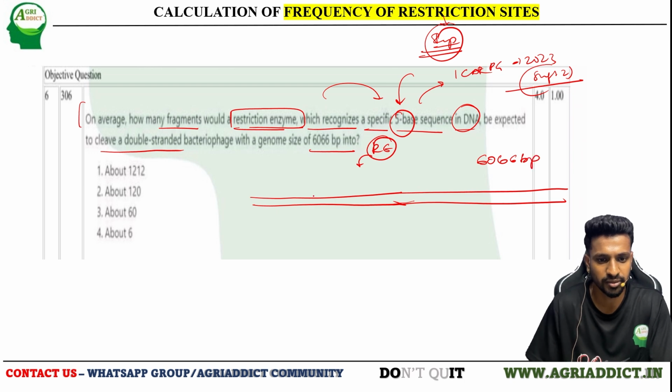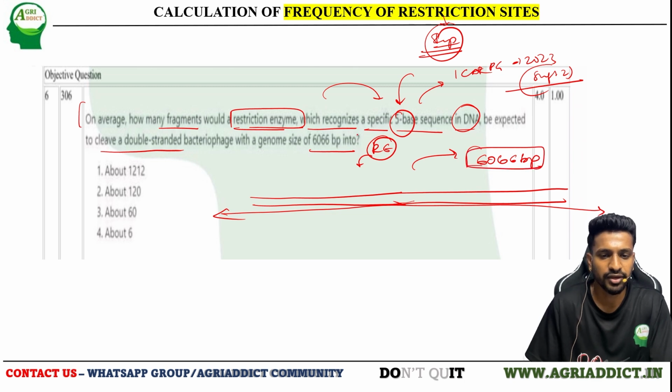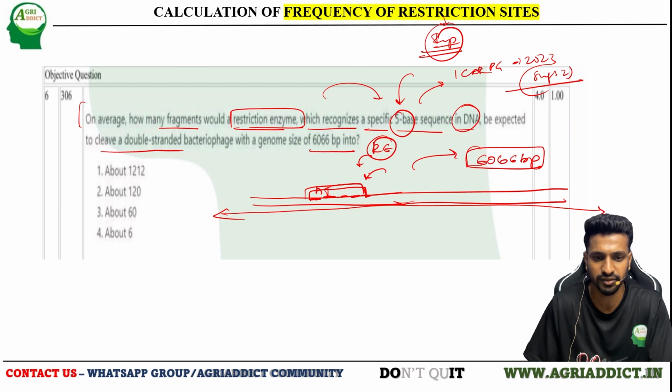6666 base pairs. That means the total length of the DNA which we have is 6666, and we have a certain restriction enzyme which can recognize a 5 base pair sequence. It might be anything, a 5 base pair sequence, and it can make cuts wherever it sees this unique 5 base pair sequence.